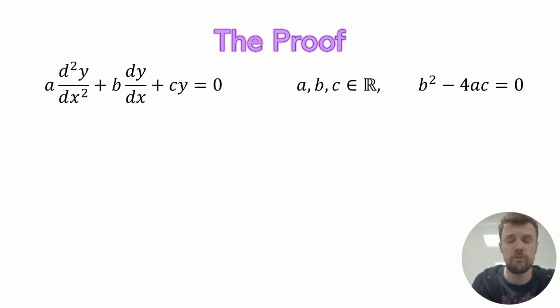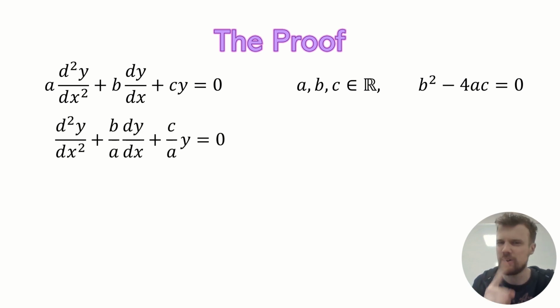Nice. So the first thing we're going to do to make our life a bit easier is divide both sides of the equation by a, because that will give us that much wanted coefficient of 1 in front of the d squared y over dx squared. Next, just like when we're solving a quadratic, even though this technically isn't a quadratic in this format, we are going to think of two numbers or two things that multiply together to make the coefficient at the end, so two things that multiply together to make c over a, but add together to make b over a.